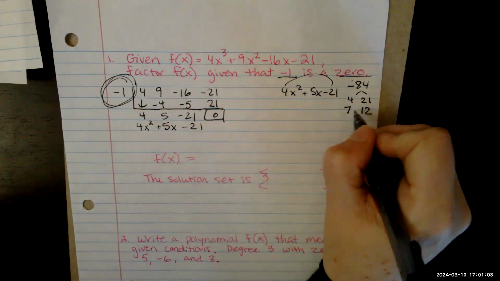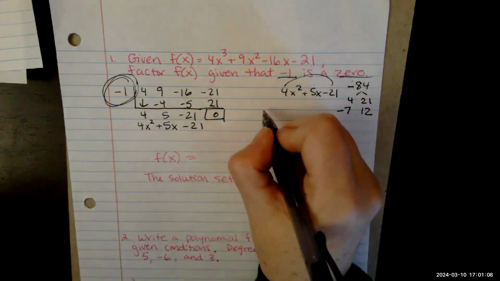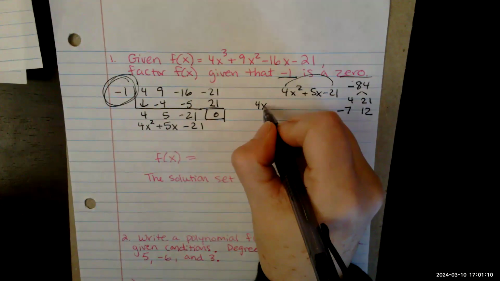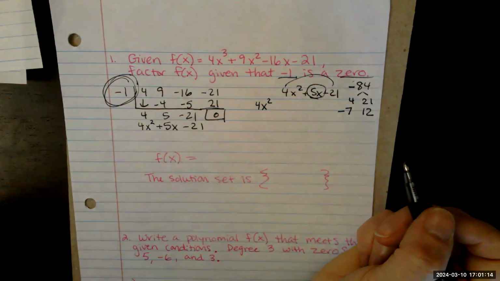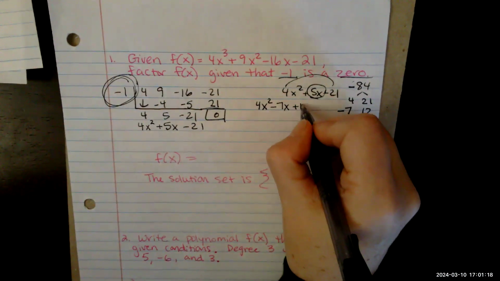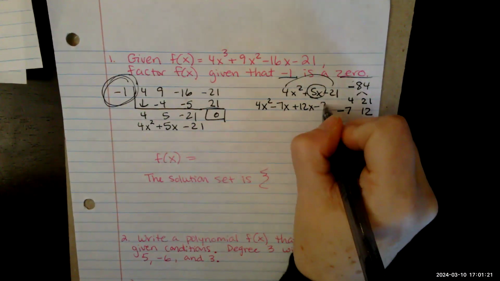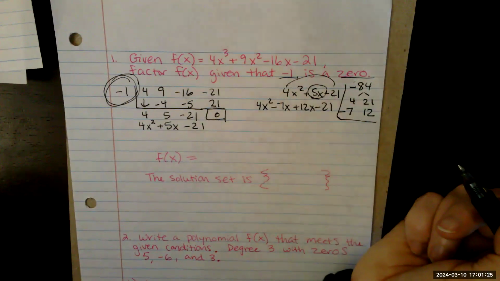So I want the 12 to be positive and the 7 to be negative. So now I'm going to say 4x squared, and I'm going to use those two to rewrite this. This is using the AC method. Minus 7x plus 12x minus 21. And now I'm going to use grouping to factor from here.